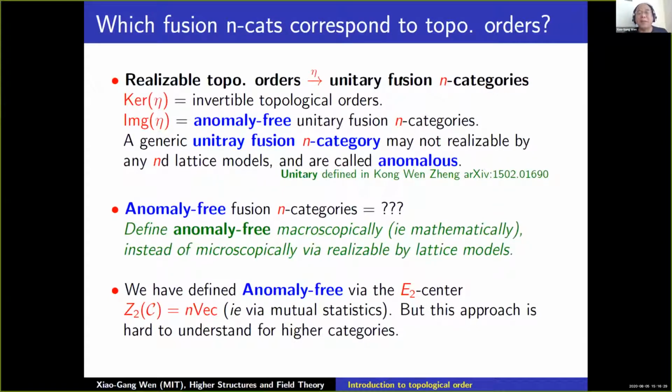But this map is not surjective. The image of this map is defined as the anomaly-free fusion n-categories, meaning realizable. The image of this map means those fusion categories are realizable by a lattice model. The kernel of this map happens to be the invertible topological orders. Therefore, up to invertible topological order, we can use anomaly-free fusion n-categories to classify topological order.